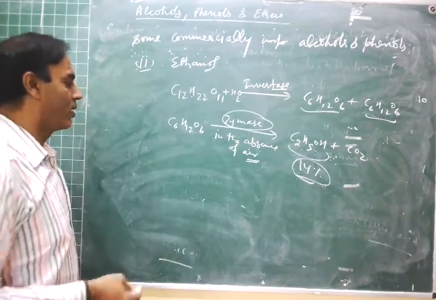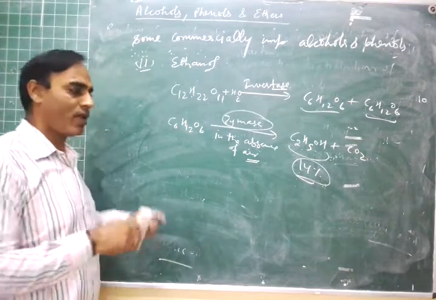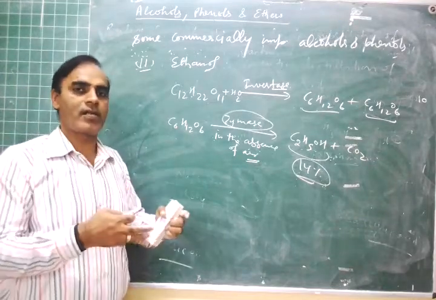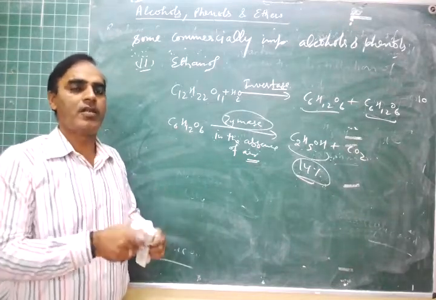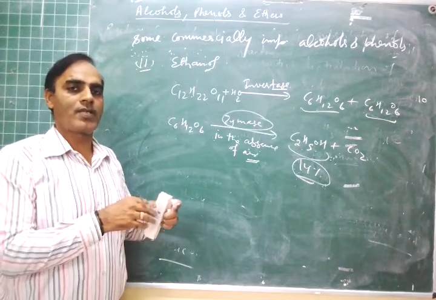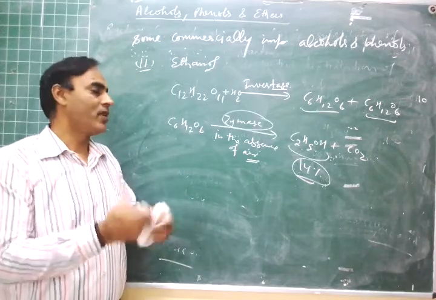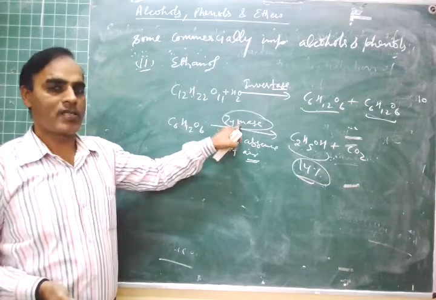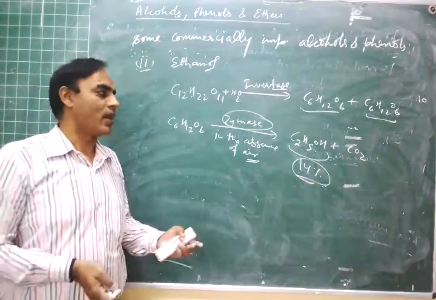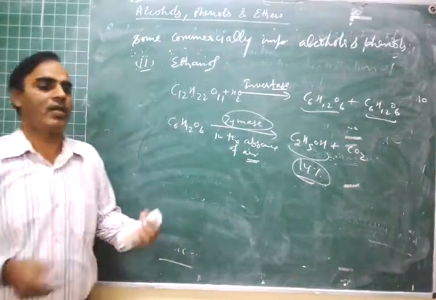And this yeast, if you take the example of grapes, the grape skin yeast are present, and when the grapes are crushed, then the sugar of grapes and yeast come in contact with each other, and yeast contains zymase enzyme, and then fermentation starts and alcohol is formed, right?